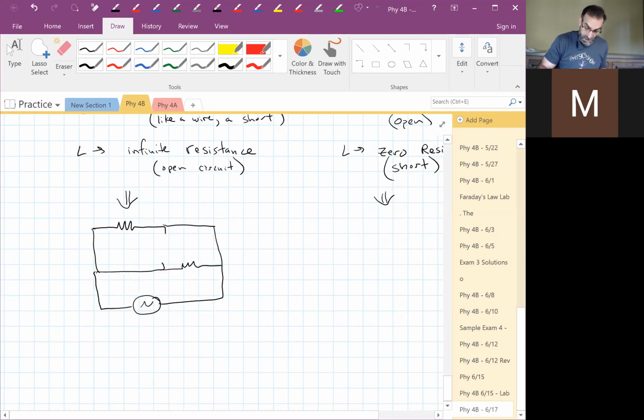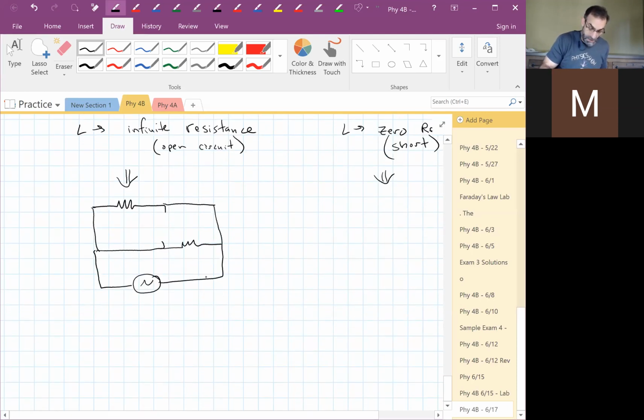So this is two resistors in parallel. That's going to give me, if I reduce this down one more time, R over 2.